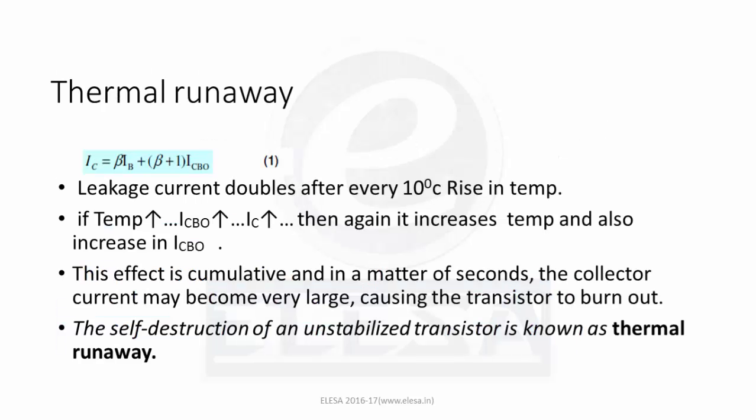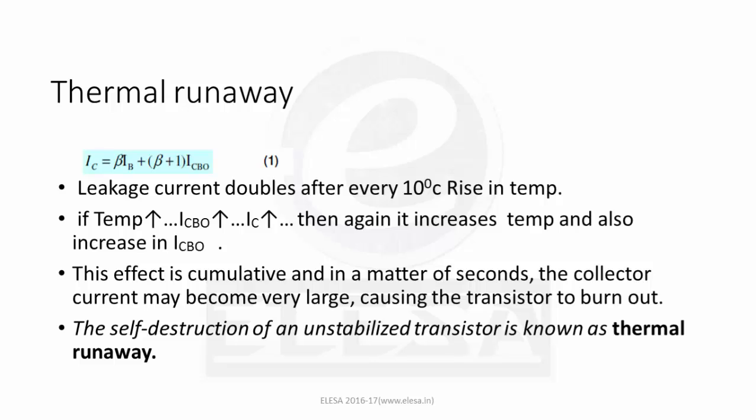Now we need to consider the relation between stability factor and thermal runaway. Seeing this equation again, the collector leakage current ICBO is strongly dependent on temperature. The flow of collector current produces heat within the transistor that raises its temperature, and if no stabilization is done, the collector leakage current ICBO also increases.